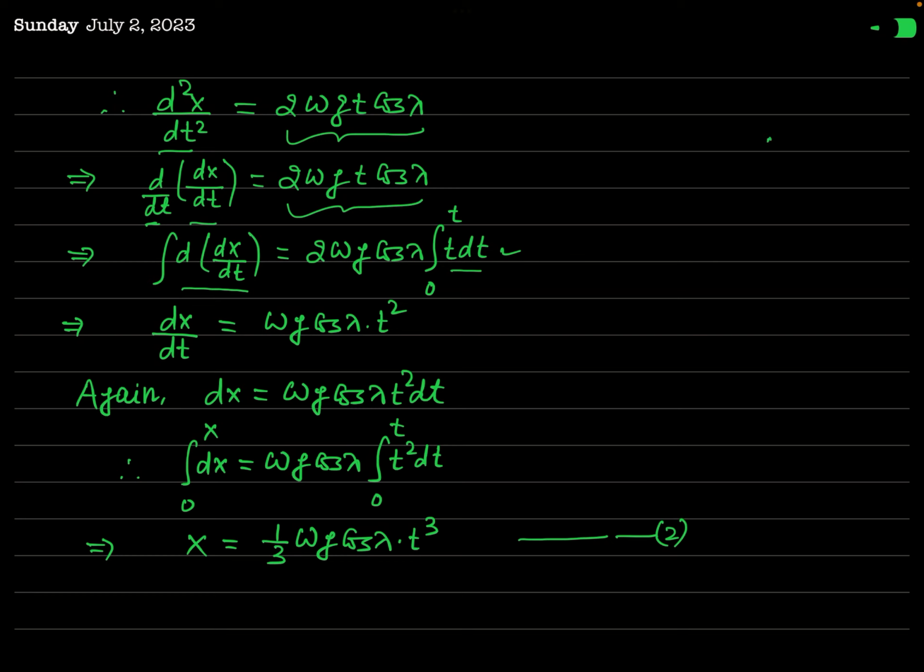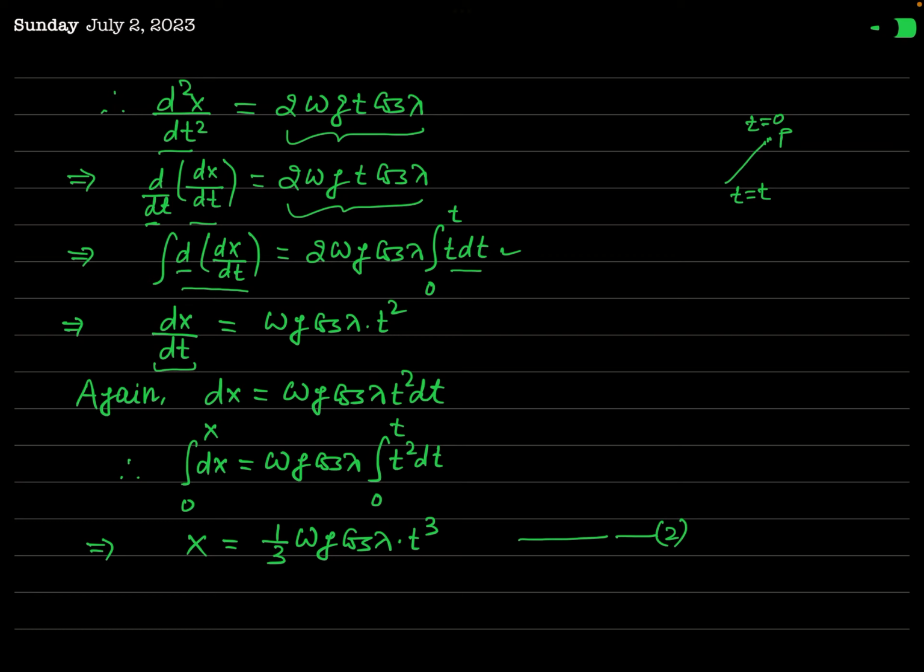And you know, we have dropped the particle from point P at time t equal to 0, and we are calculating its velocity at t equal to t. So the limit for time will be 0 to t. And this differential will be cancelled by this integral, because integration is the reverse process of differentiation. So the differential of dx by dt, when integrated, will give you dx by dt.